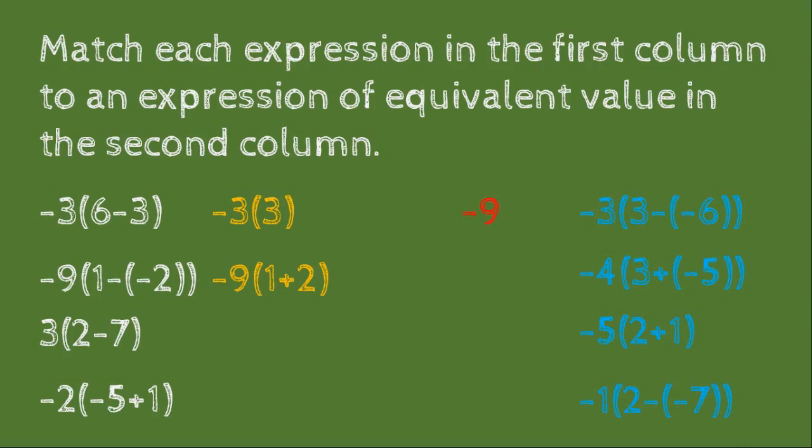So negative 9 times 1 plus 2 becomes negative 9 times 3, and that would be negative 27. We do the parentheses again. 2 minus 7 is negative 5. 3 times negative 5 is negative 15. We go on. Negative 5 plus 1 is negative 4. Negative 2 times negative 4, a negative times a negative is positive, so this becomes positive 8.